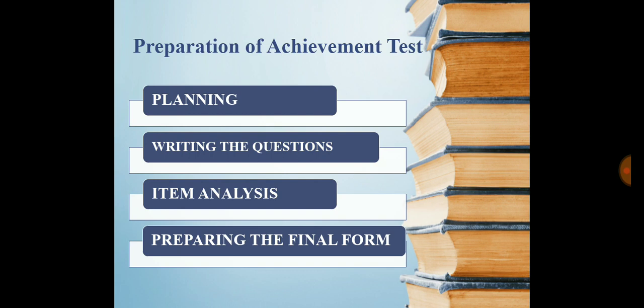Generally, there are 4 steps in the process of preparing an achievement test. These steps include planning, writing the questions, the item analysis, and lastly, preparation of the final form of the test. So let us see these steps one by one.